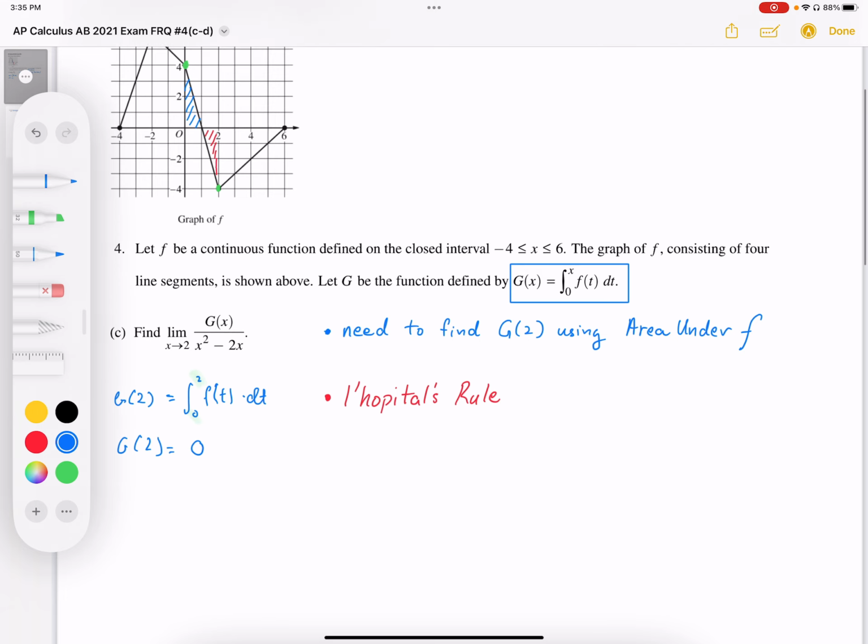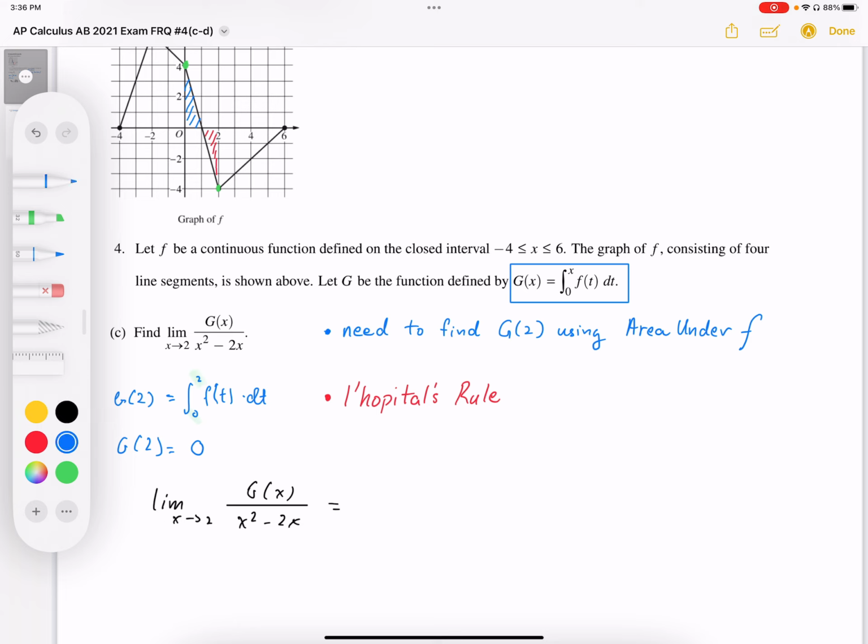Now, what that allows me to do then is evaluate this limit. So the limit as x approaches 2 from both sides of g of x over x squared minus 2x.